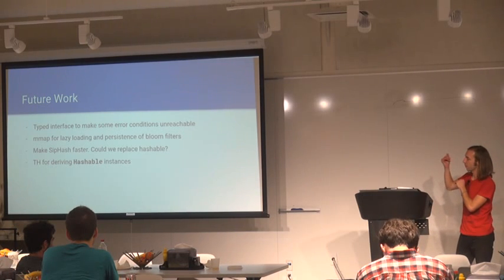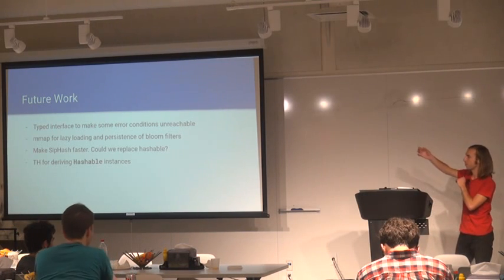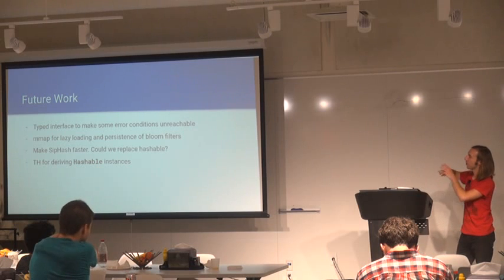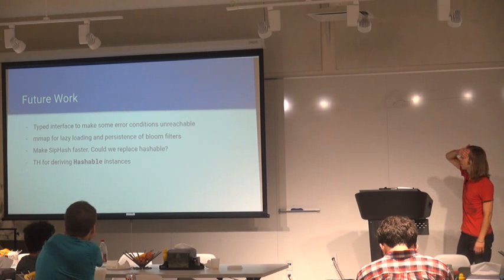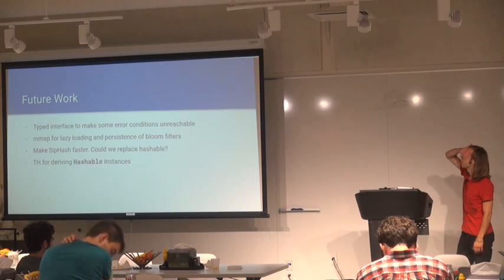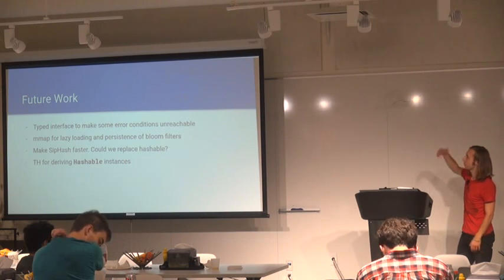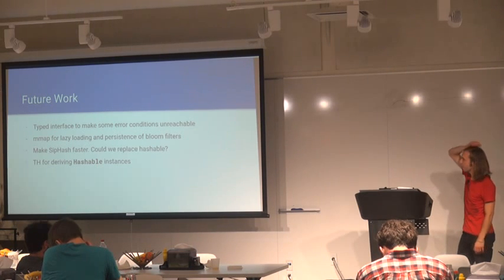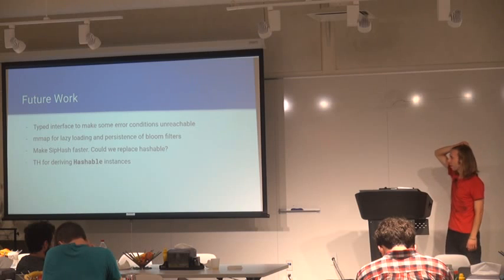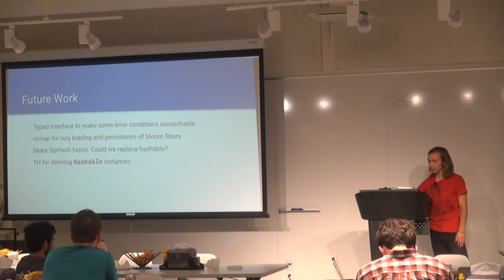Maybe we could use type level naturals, though there are a lot of trade-offs there. I'd like to play with using mmap for persistent Bloom filters and lazy loading them. With hashabler, we'd like to make siphash faster. We also can't automatically derive hashable instances yet.